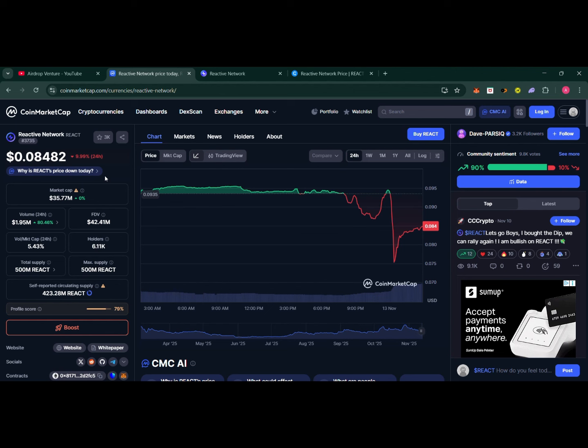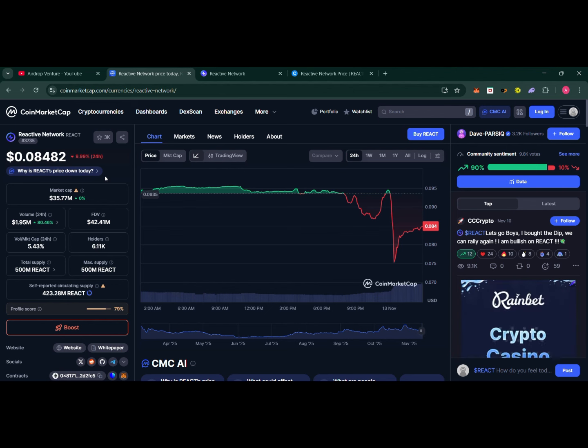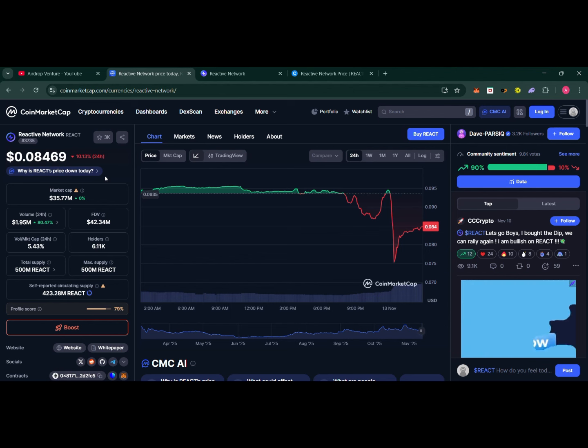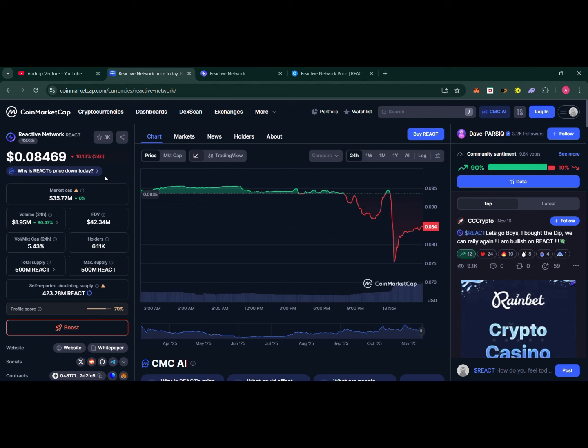Because nowadays, the majority of new tokens that launch in the market, I'm not saying all, but the majority, have billions in total supply, and the circulating supply is also in the millions, which might be more than Reactive Network. It can even be less, but I'm talking about the majority of tokens in the market. So the supply of Reactive Network is tight. The market cap seems to be small.